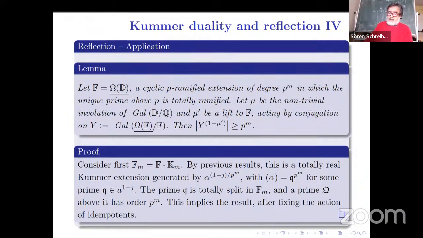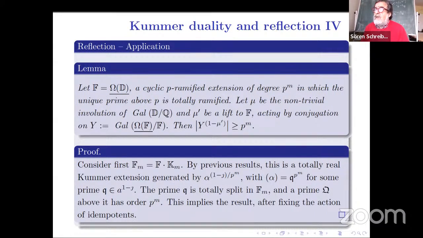The proof is by reflection, what I was mentioning before. I first take Fm to be F times Km, a totally real Kummer extension generated by a minus part radical. And we can take this radical to be the p to the m's power of an ideal. The reason being that the primes above p are principal in this field.